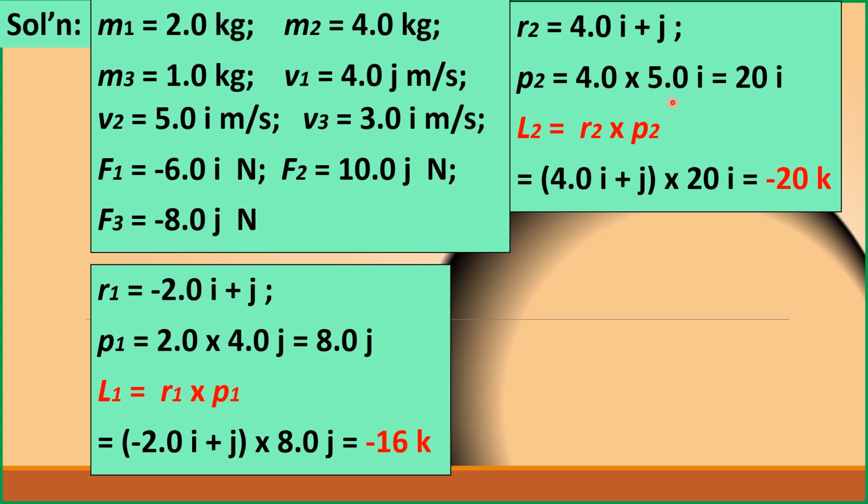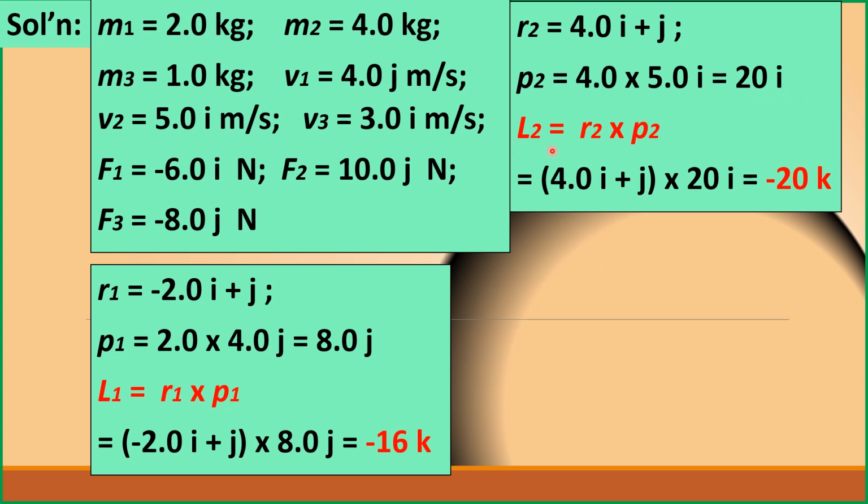So doing our vector multiplication, p2 is just equal to 20 with two significant figures, 20i.